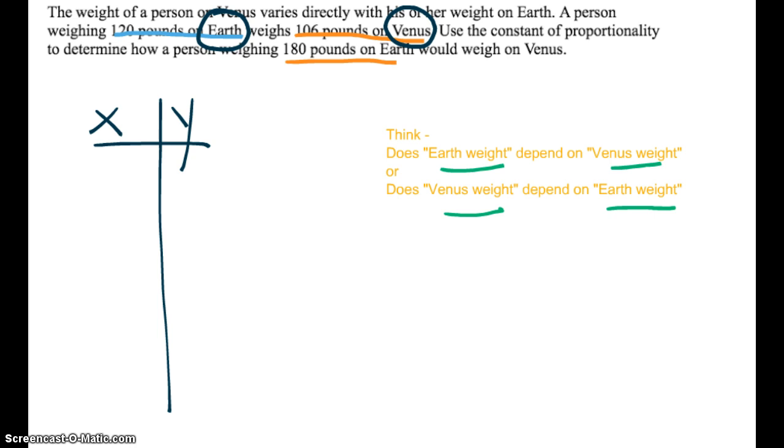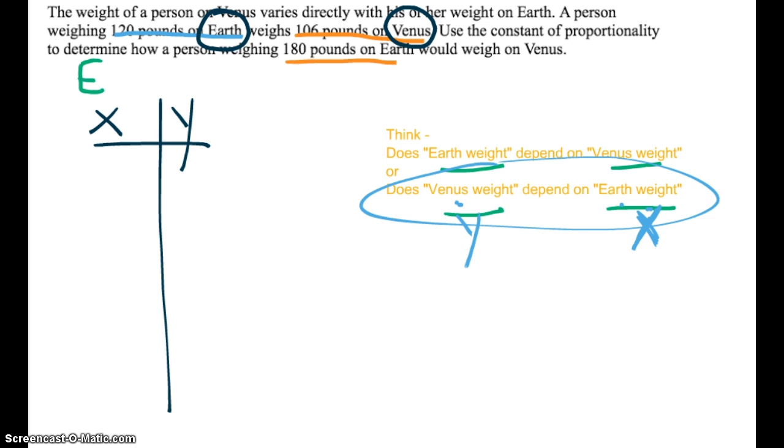So this second situation is true. Your weight on Venus depends on your weight on Earth. So X is your independent variable, and that's your Earth weight. And Y is your dependent variable. That's your Venus weight. So I'm going to write E above my X, and I'm going to write V here.